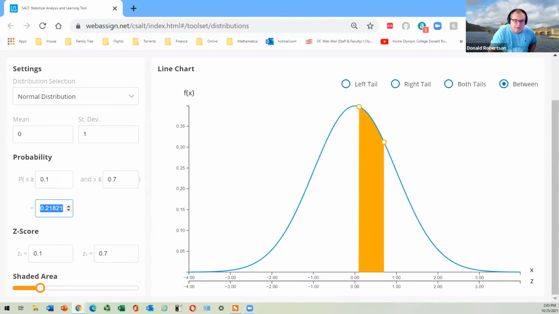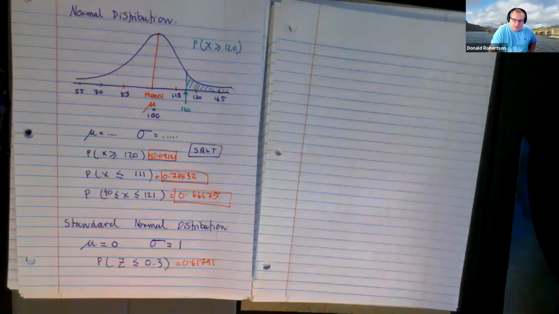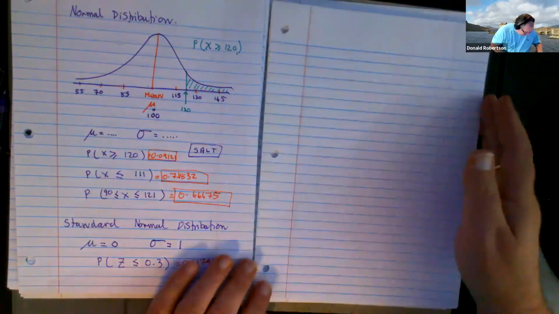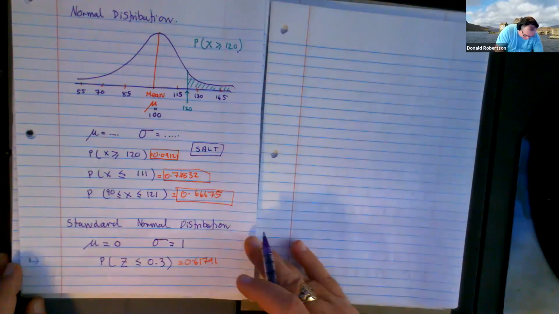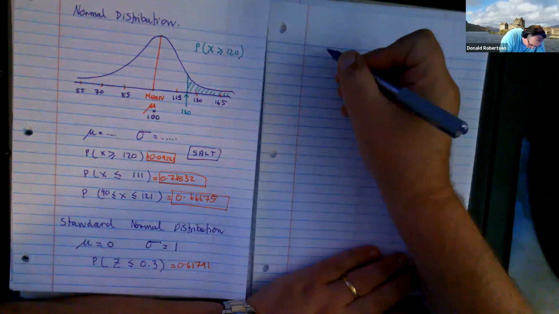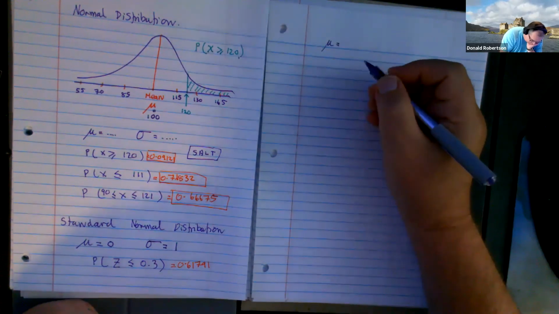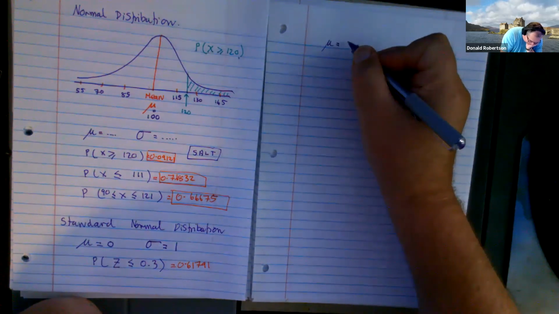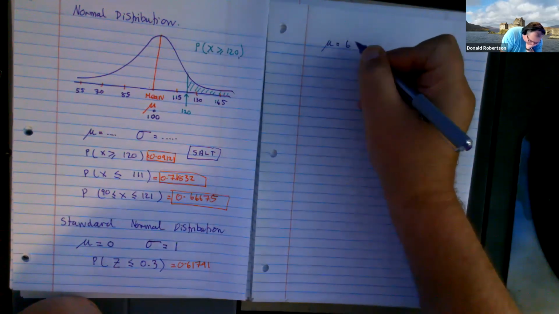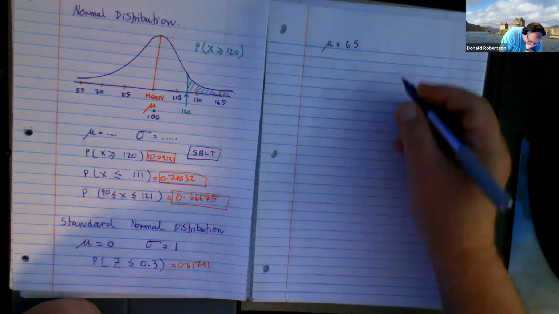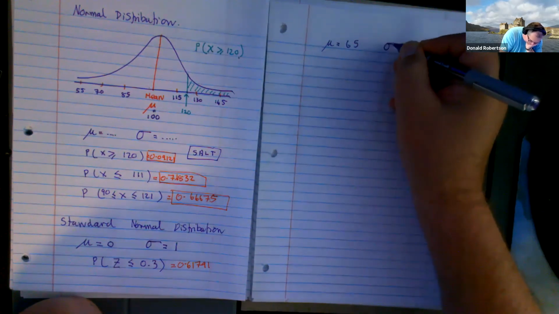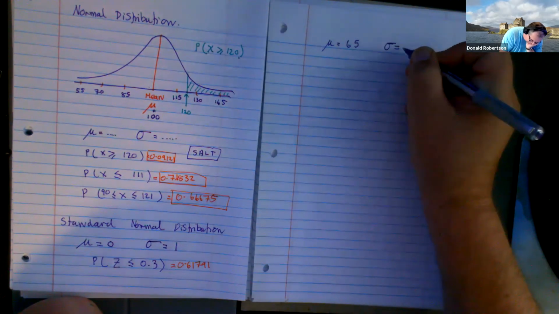Jumping around as I do. Let's go back to the whiteboard for a minute and create a story. Let's suppose that we have a population of Scottish people. And for an adult, the average height is 65 and the standard deviation is 6 inches.